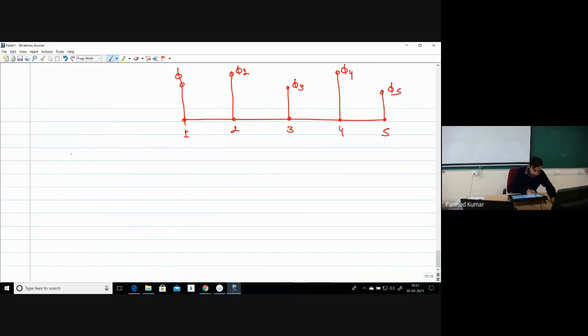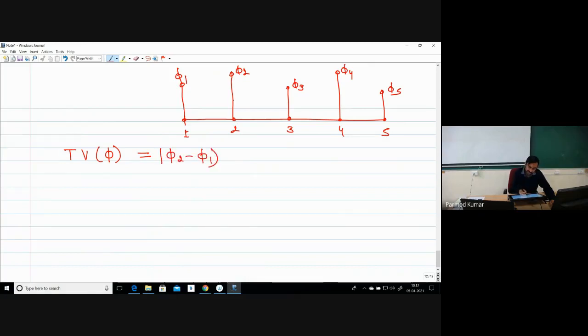Now, can you tell me what will be the total variation of phi over the entire domain? So, the total variation of phi, if I am calculating magnitude wise, over the entire domain will be nothing but equal to mod of phi 2 minus phi 1.